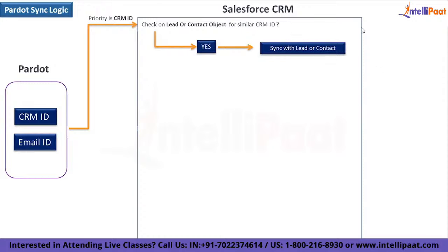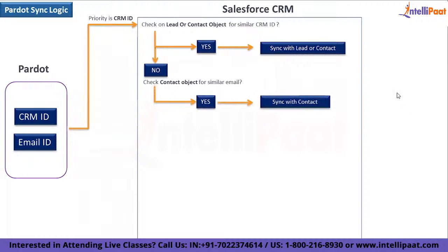Clear? Now think that whatever CRM ID it is carrying is not available with lead or contact. Now what happens? If the answer is no, it will check for the email address. The second priority is given to the email ID. That's why I've given it as the second priority. It will first check on the contact object whether a similar email address is present.